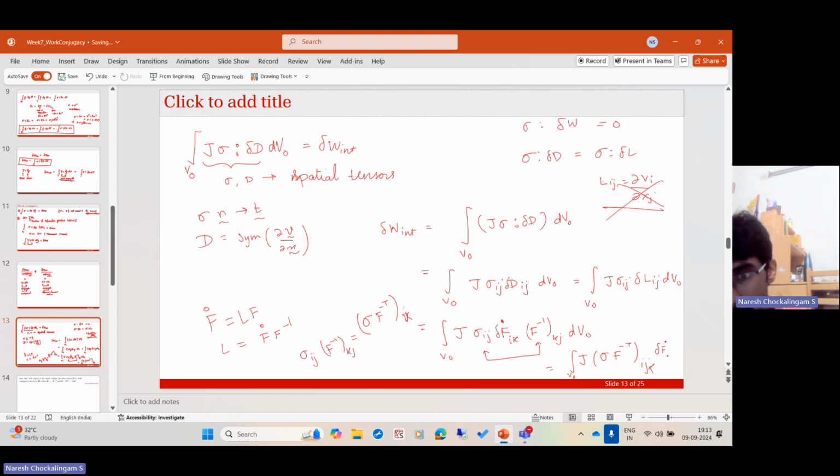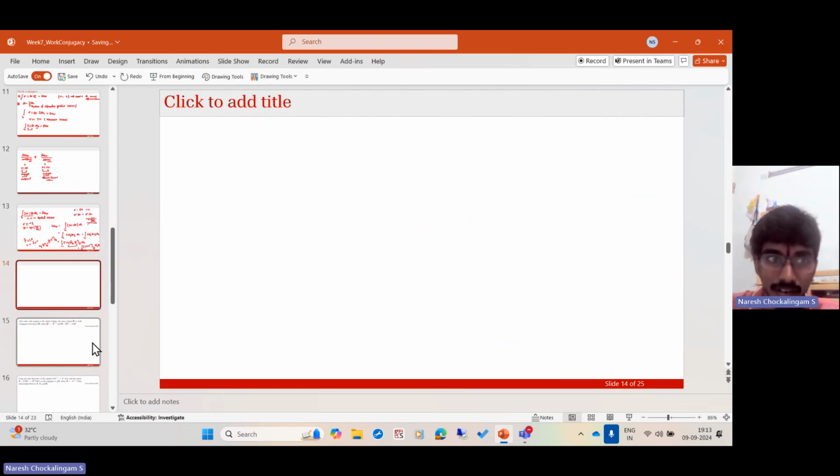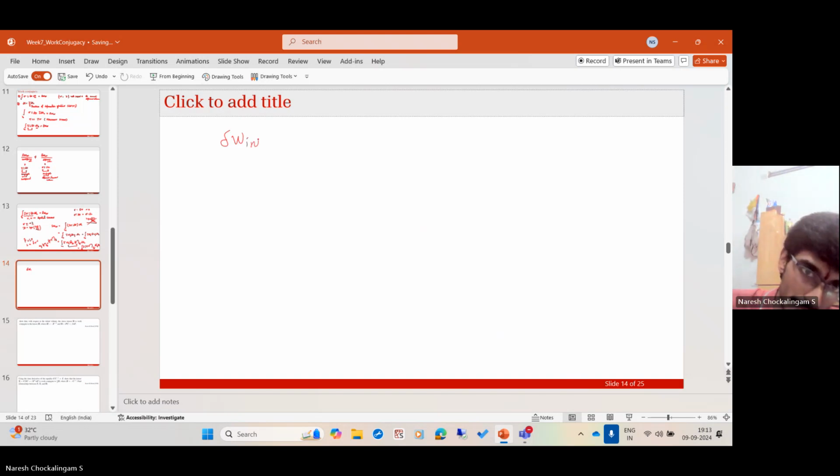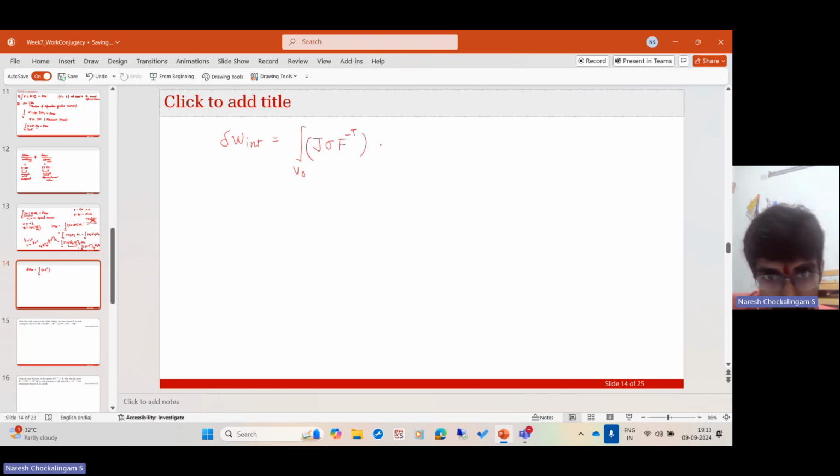Del F dot Ik dV naught. So put it in the concise format, get rid of the indices. So we get integral V naught J sigma F inverse transpose, this entire thing contracted with del F dot dV naught.